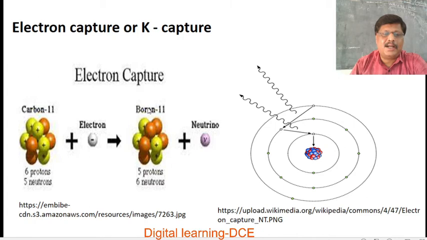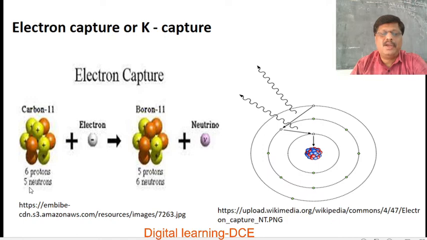Using this diagram, you can easily understand K capture or orbital electron capture. Here, carbon 11 consists of 6 protons and 5 neutrons. Plus, it captures an electron, which has a negative charge, and becomes boron 11, consisting of 5 protons and 6 neutrons.